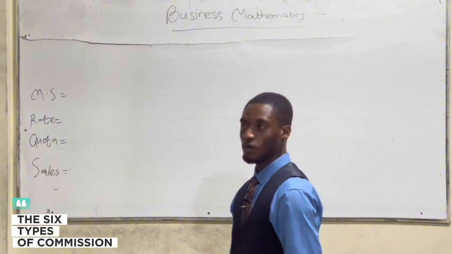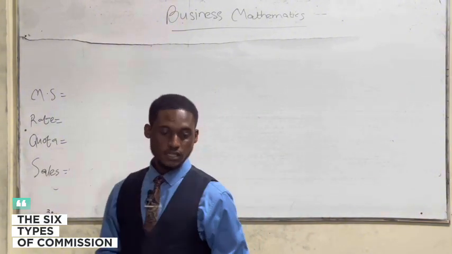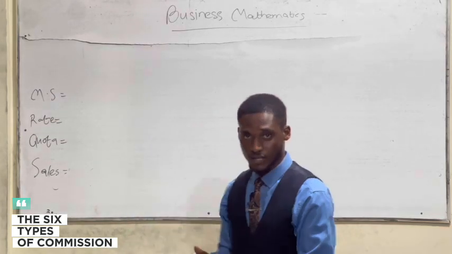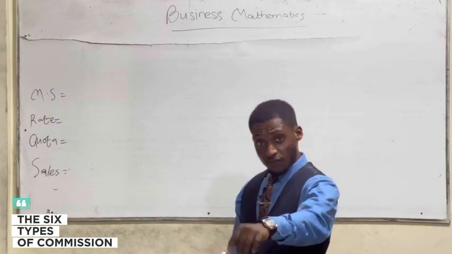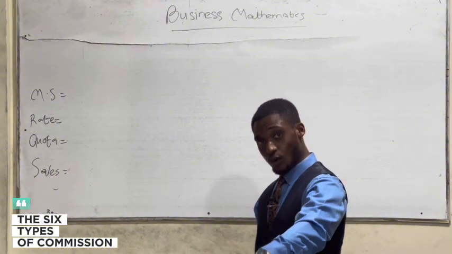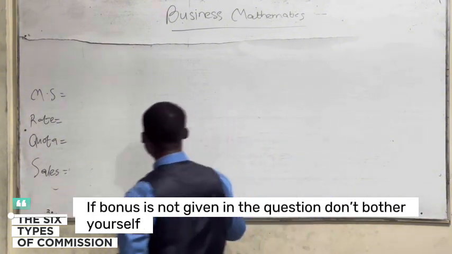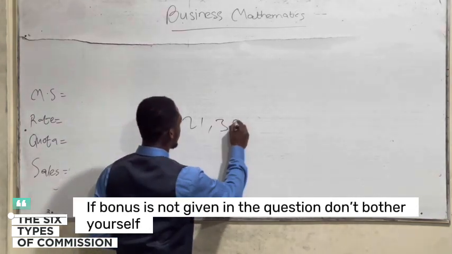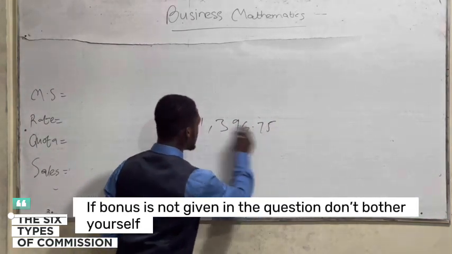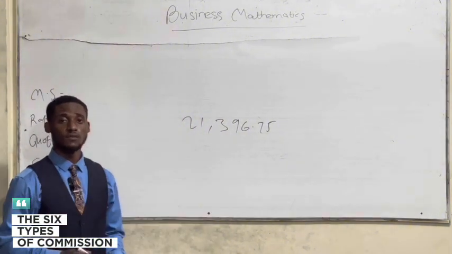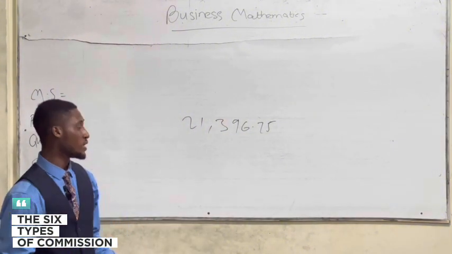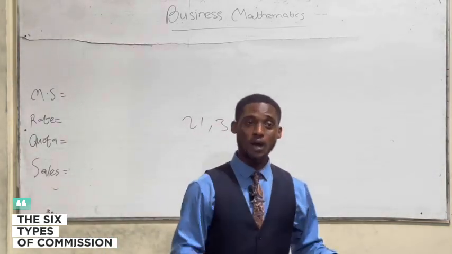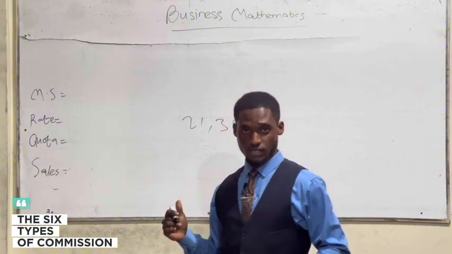So before we move on with this salary plus bonus commission, after calculating your total earning, as a result of us having a bonus in this type, when you get your total earning, this was the total earning we had for the previous example. So if you get your total earning, you add up a bonus to it.